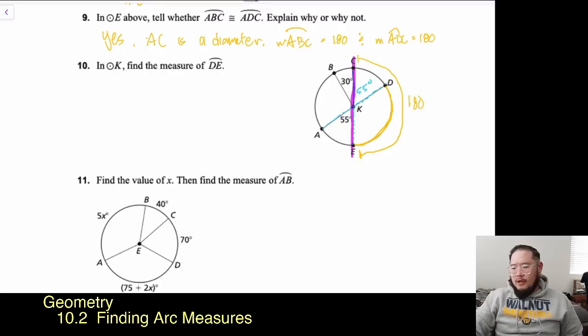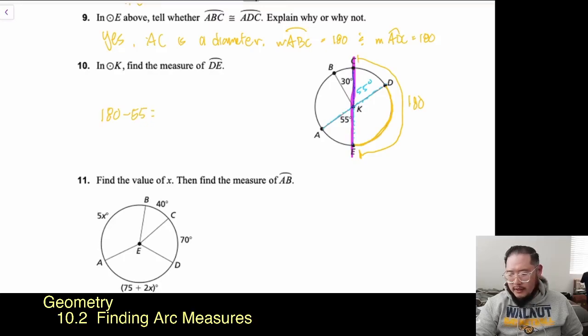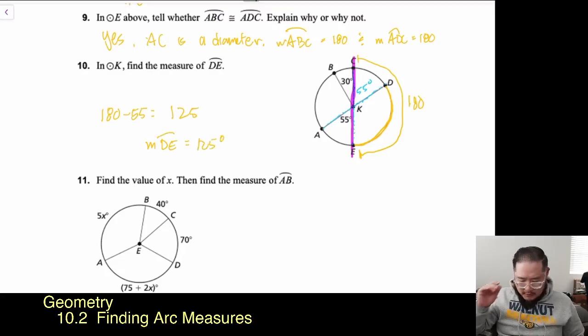So if we go ahead and take 180 minus 55, we can get our answer, and the measure of arc DE is equal to 125. And that's the measure of arc DE. All right, just like that.